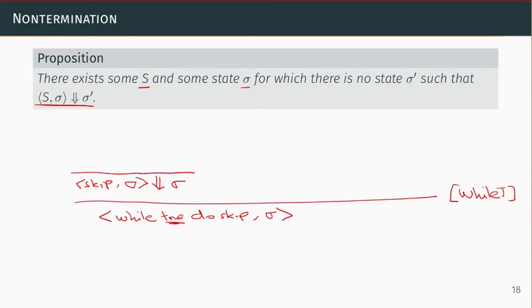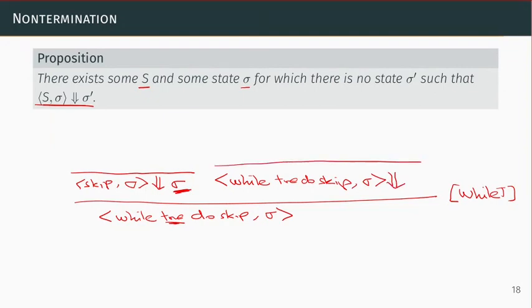And now we have to execute the loop again under the sigma that was here before. So we have here sigma again, and here we will apply the rule while t again, and we have the same problem. We have the same sigma, the condition is true, and we have the derivation for skip.